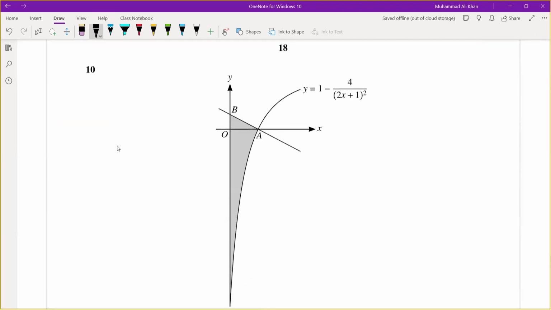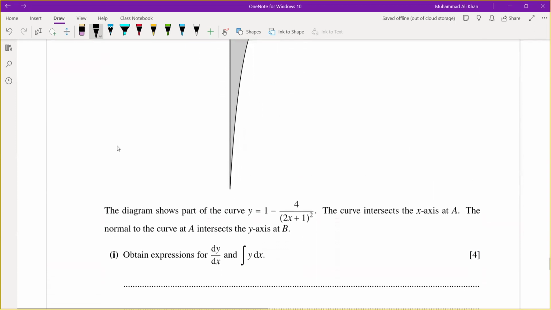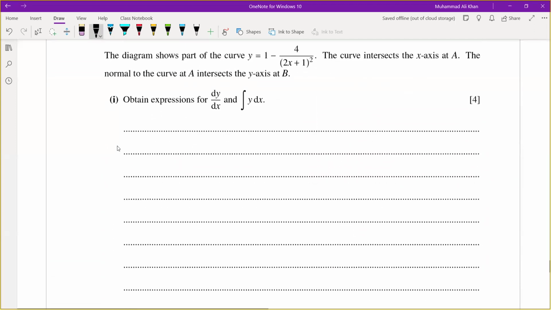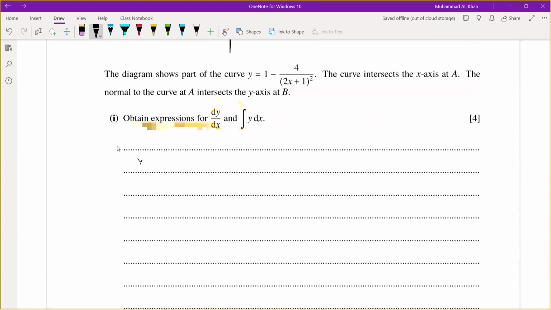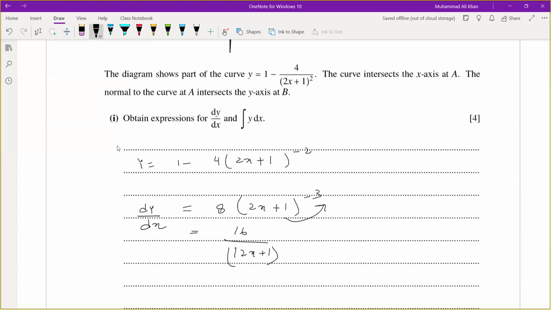नाउ व्हाट इज नेक्स्ट? नेक्स्ट इज क्वेश्चन नंबर 10. क्या कहा गया? ऑब्टेन एन एक्सप्रेशन ऑफ dy/dx एंड इंटीग्रल ऑफ y. ठीक हो गया. अभी तो डायग्राम की नीड ही नहीं है. y = 1 - 4(2x + 1) होल पावर -2, डिफ्रेंशिएट कर दीजिए. 1 का 0, -2 नीचे आएगा तो क्या बनाएगा? 8(2x + 1) होल पावर -3, साथ में बेस का डेरिवेटिव. सो इट विल बी 8 × 2 = 16 अपॉन (2x + 1) whole cube.